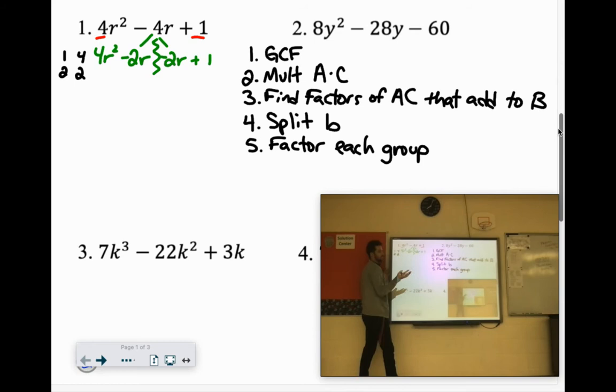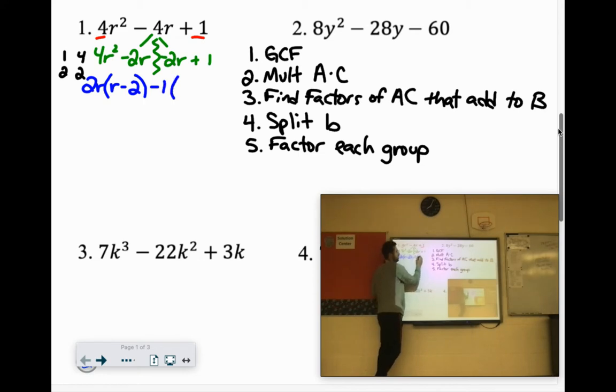So you just essentially find the greatest common factor. 4r squared and 2r, the greatest common factor is 2r, which would leave us with 2r minus 1. Over here, I see the first term is negative, so we have to factor out a negative. 2r and 1, all they have in common is a 1. So we're going to factor that out, which would leave us with 2r minus 1.